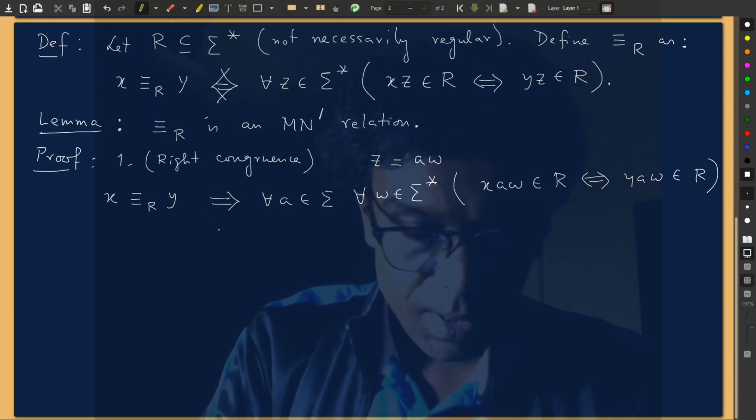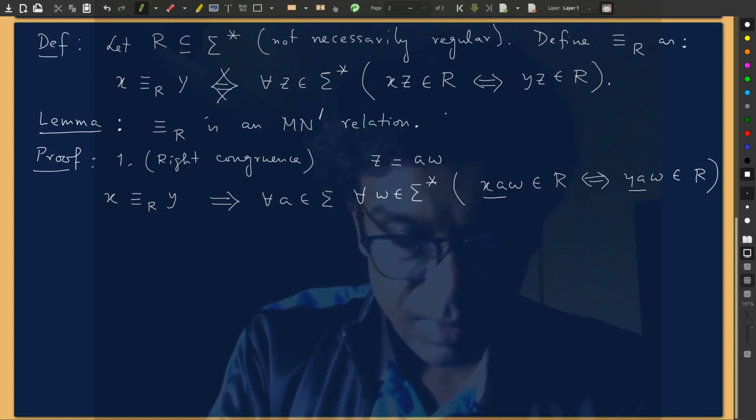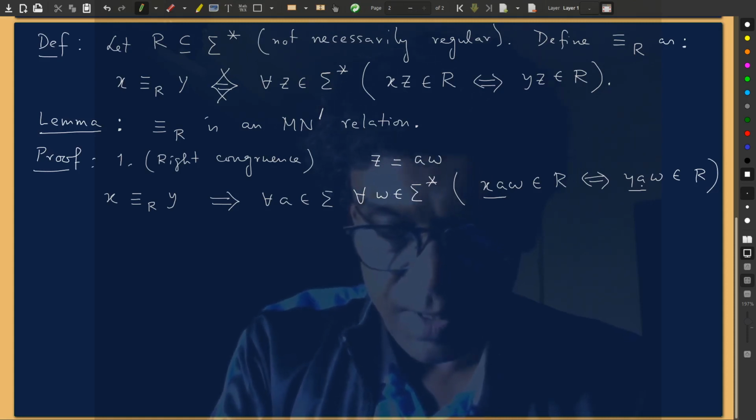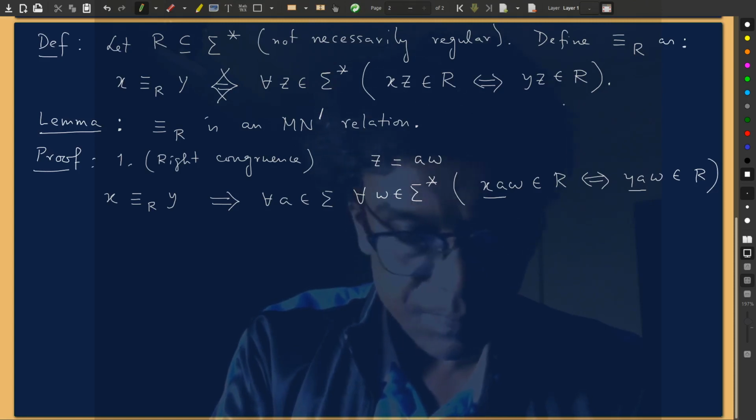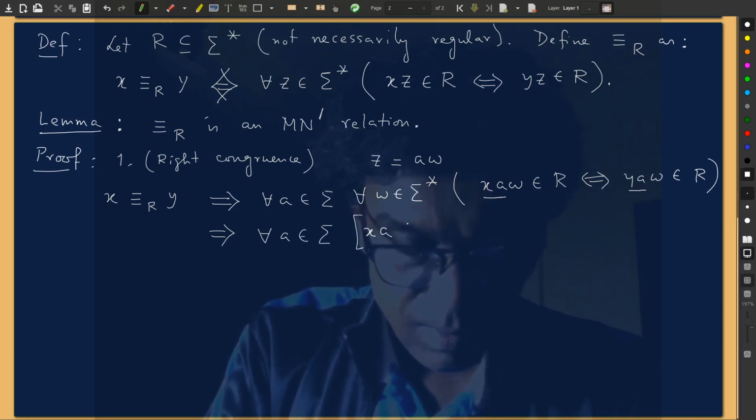Now, if I look at these two strings xa and ya, it says that for all W in sigma star, this appended by W is in R if and only if this appended by W is in R. Therefore, by this definition, we can say that for all a in sigma, xa is equivalent to ya.